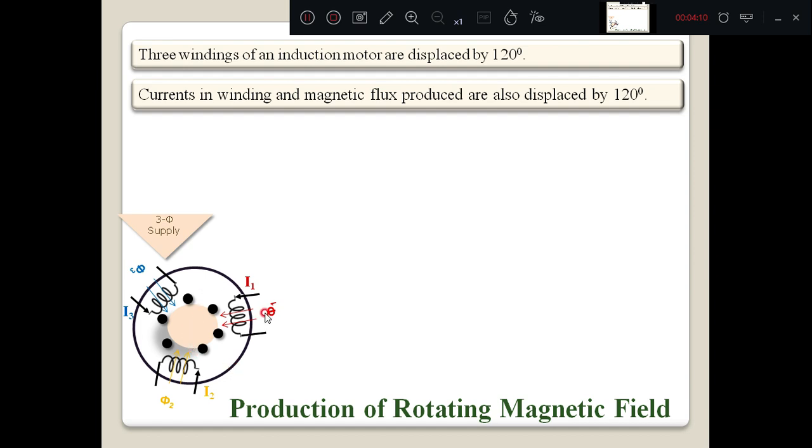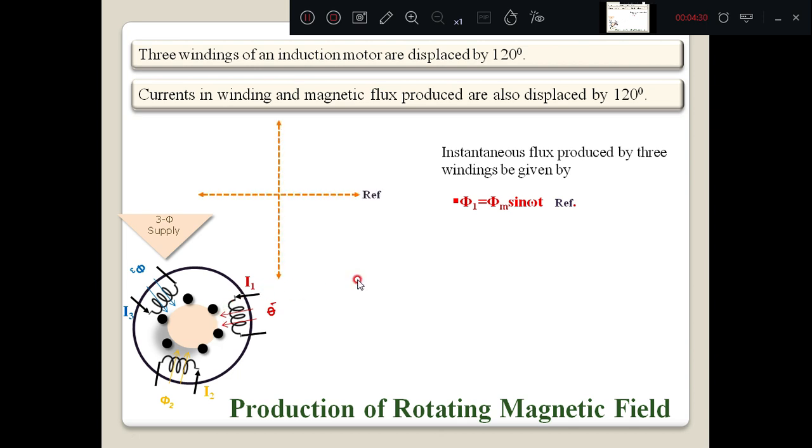I am representing these phi1, phi2, phi3 vectorially. That is, the instantaneous flux produced by the three windings is given by phi1, the first one taken as a reference, phi max sin omega t. It is a sinusoidal flux because the current I1 is sinusoidal.